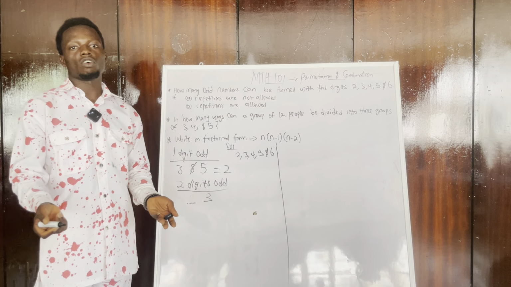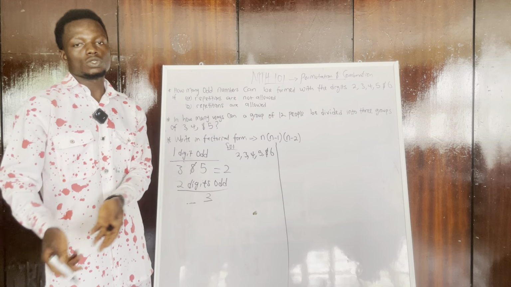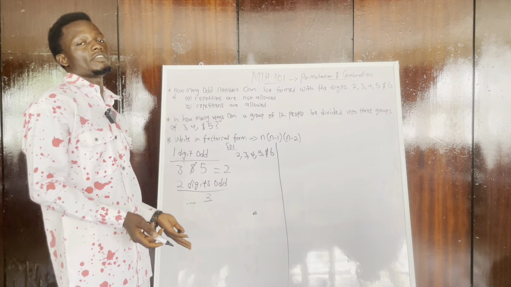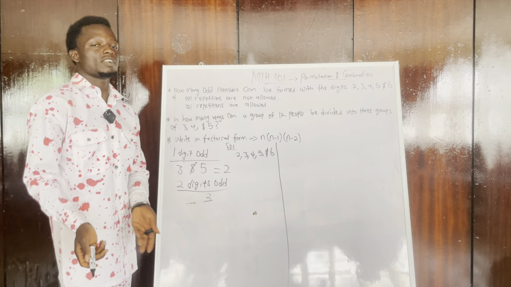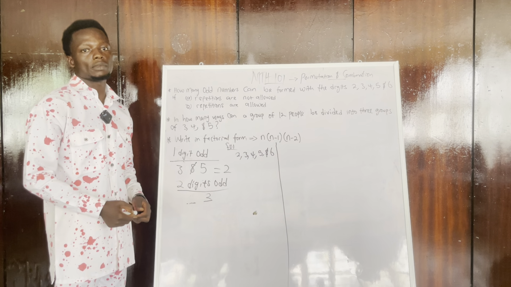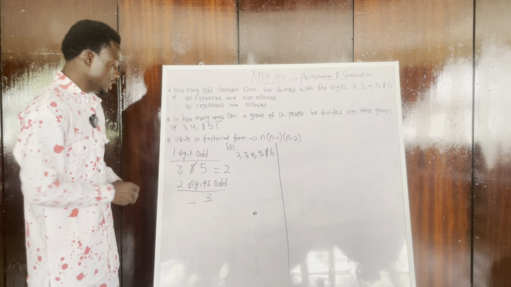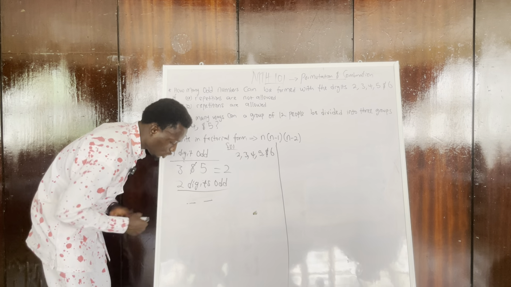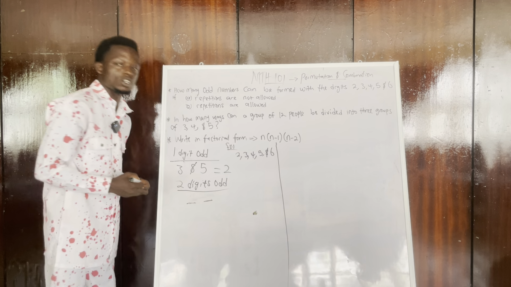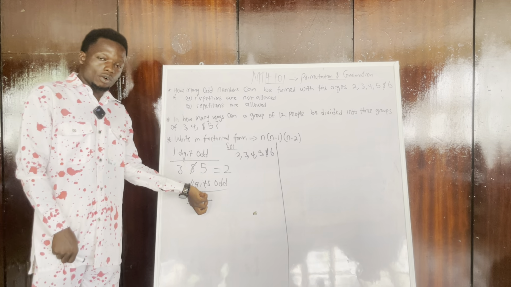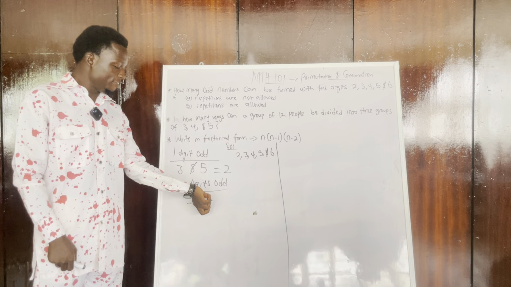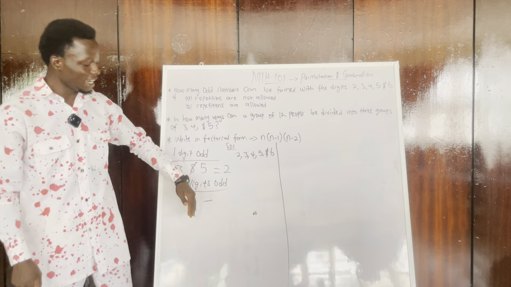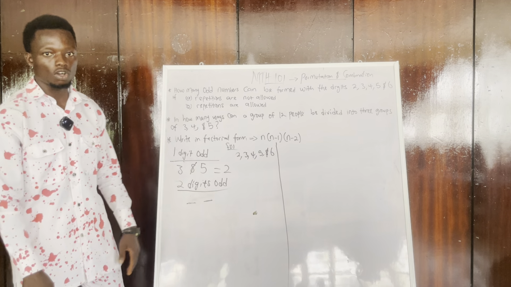For instance, 24, the last digit there is 4, so 24 is an even number. But if I say 25, the last digit is odd, so 25 is an odd number. So the last digit will determine whether it's an odd number or an even number. Now, we want to form 2 digit odd numbers. So we are filling the last digit first, because it's the last digit that determines whether it's an odd number or not.